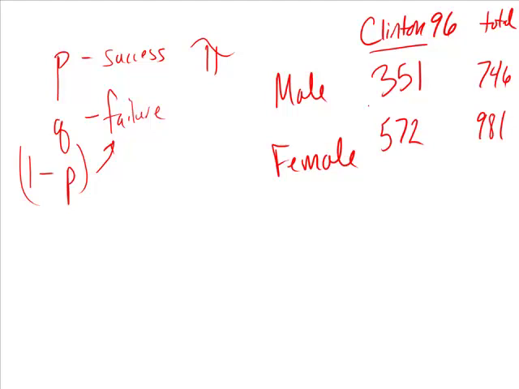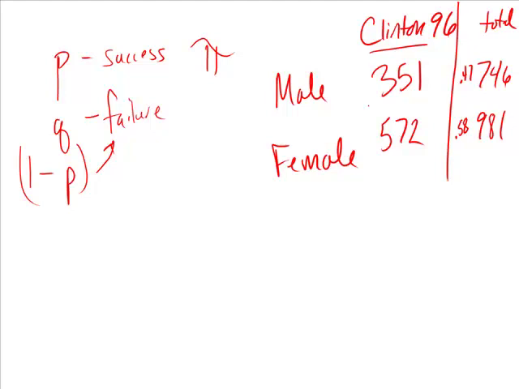If you looked at the proportions of the two groups, the proportion of men voting for Clinton is 0.47, and for women voting for Clinton was 0.58. So it would appear that in our sample, there's about a 13% gap between voting for Clinton between men and women.